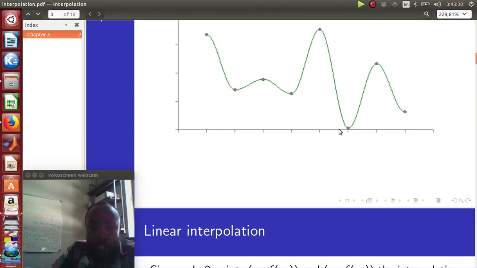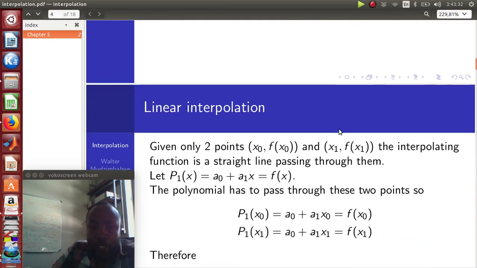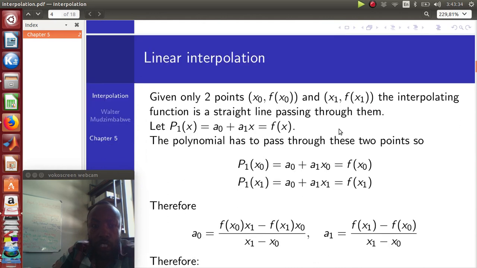Now let's look at the first form of interpolation. It is called linear interpolation. This is the easiest. You have only two data points, and the only unique curve that you can fit between 2 points is a straight line.